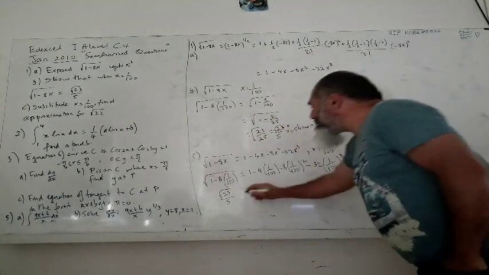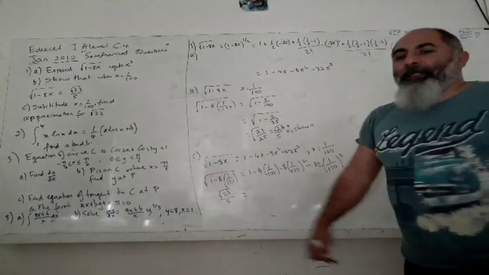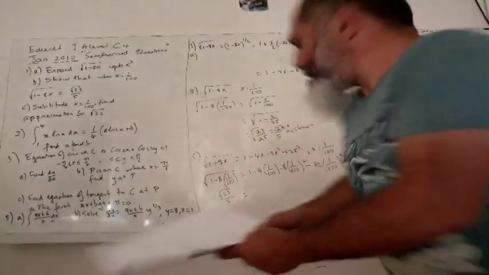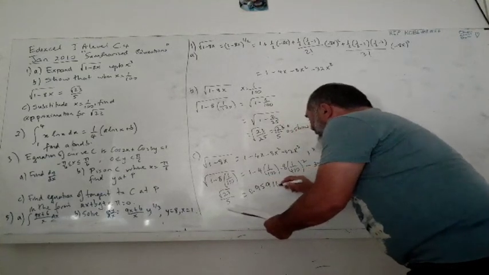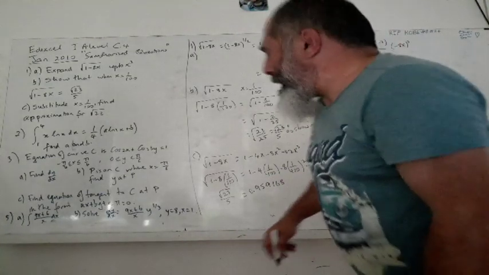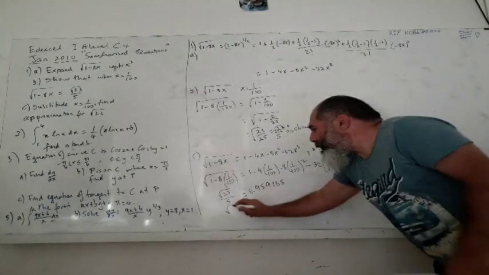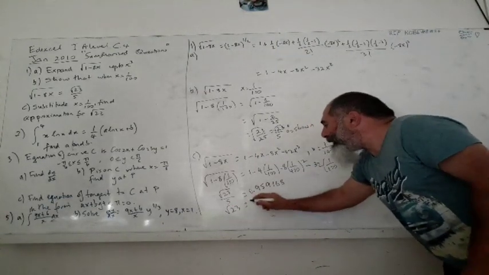And that one here is equal to 0.959168. And how can we obtain the value for root 23? Multiply by 5.